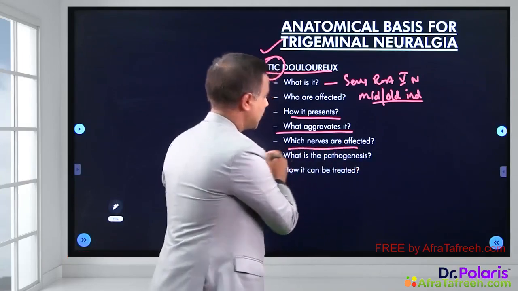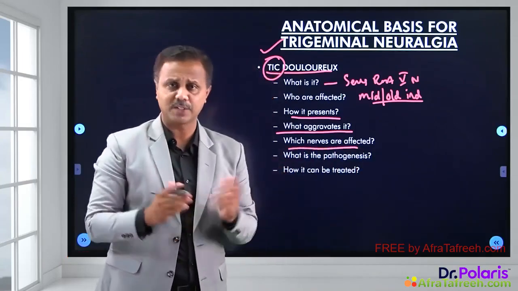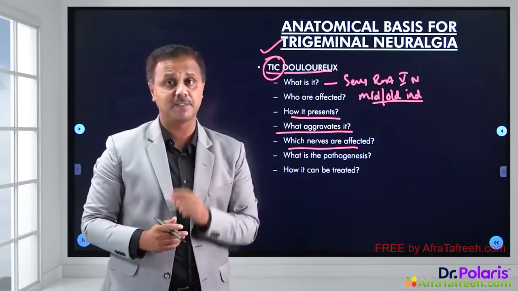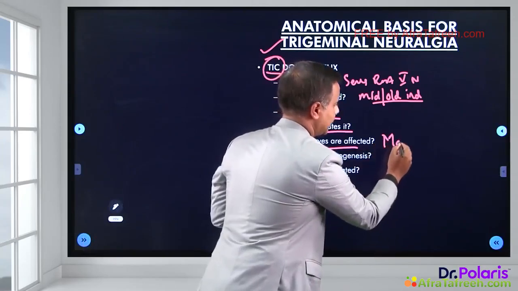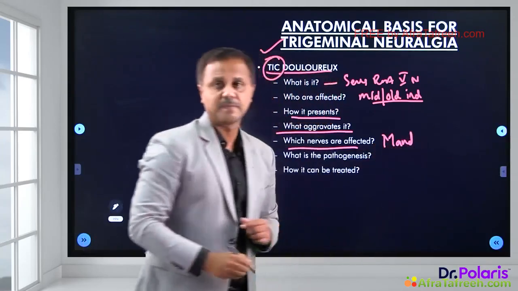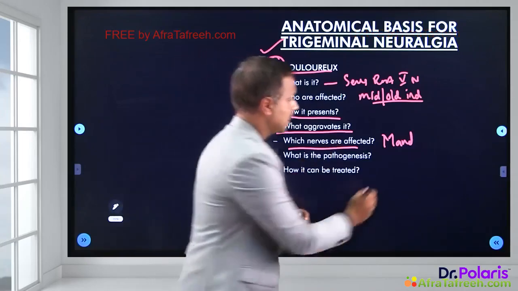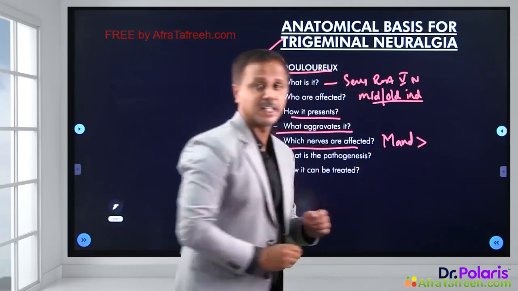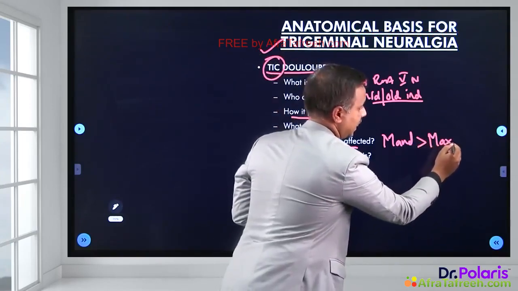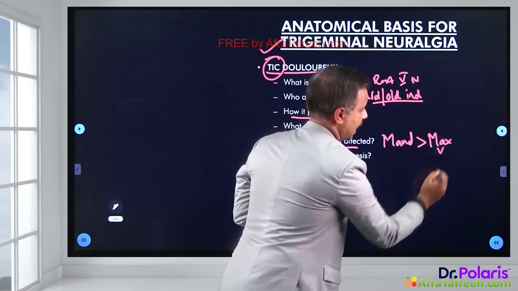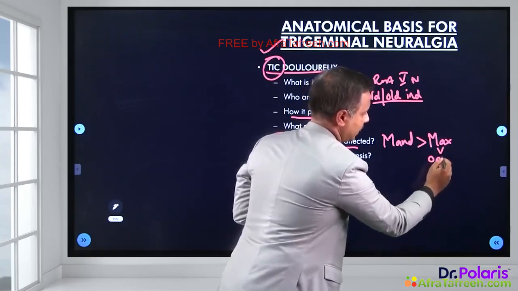What nerves are usually affected? Of course, the trigeminal nerve is affected, but by division. Remember this always: the mandibular nerve is the most sensitive, then the maxillary nerve, and then the ophthalmic division.